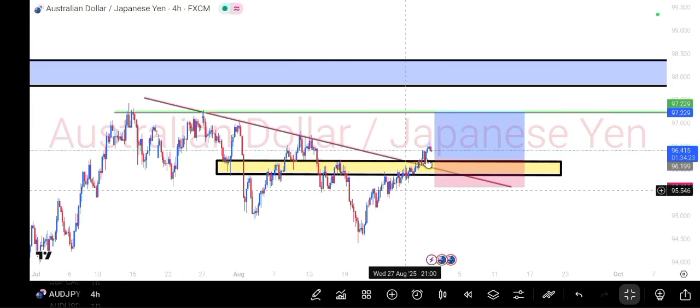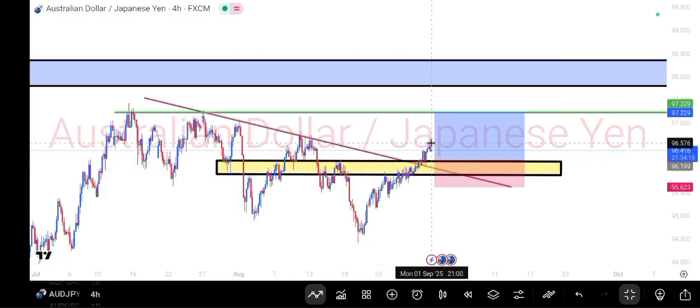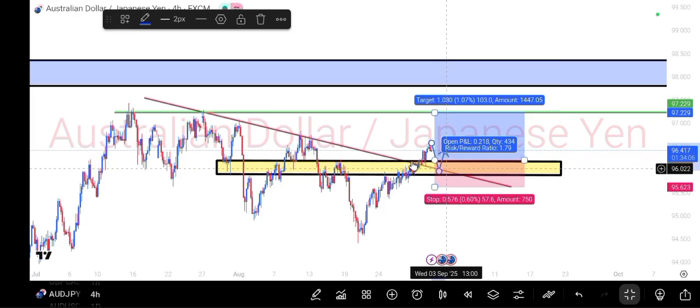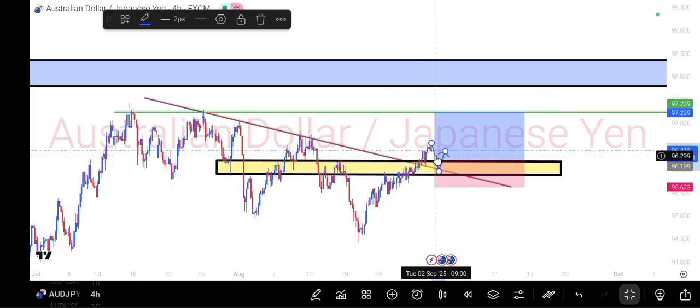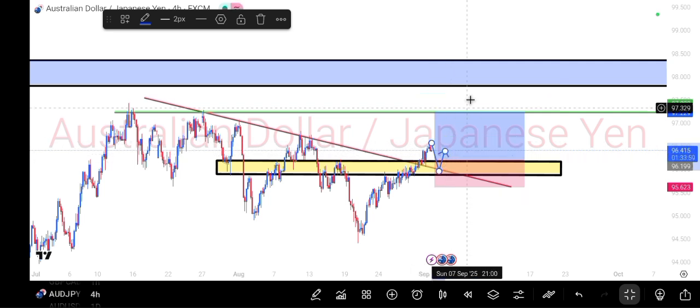You wait for this market to come down a bit to somewhere here, giving a bullish engulfing candle close off from this yellow zone. Then you go to your 15 minutes time frame and look for a minor pullback and execute your buy from there. That time you're going to be having a smaller stop loss.